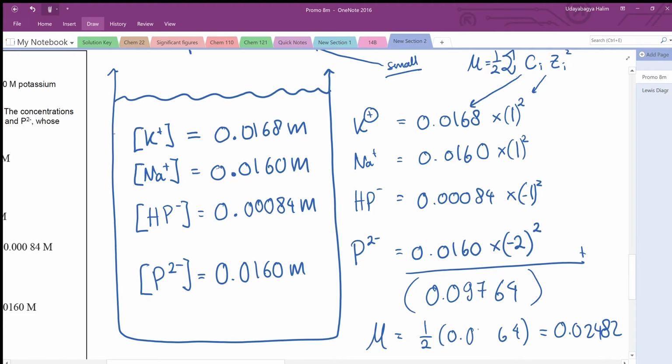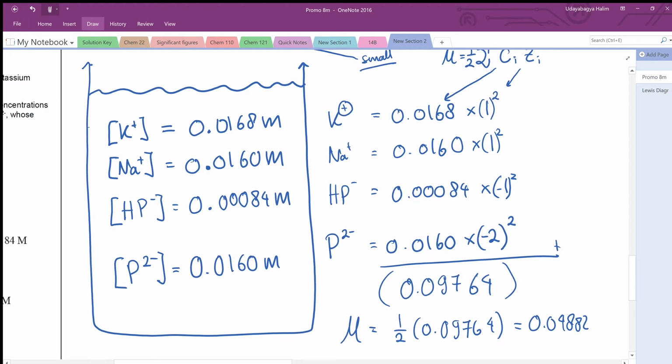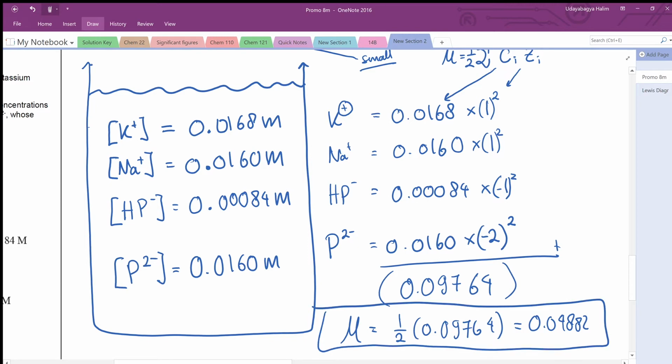Sorry about that. Like I said, always double check the number. So the ionic strength in this case is going to be half of the sum, so 0.04882. If you got the first answer, you forgot to put this to the power 2. That's my guess. That's what I did wrong before. I forgot to put 2 to the power 2. So everybody makes mistakes.